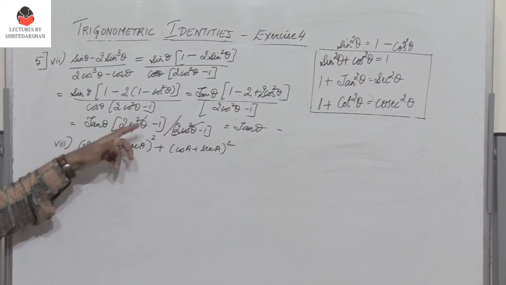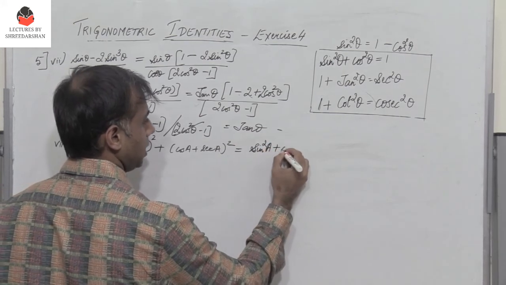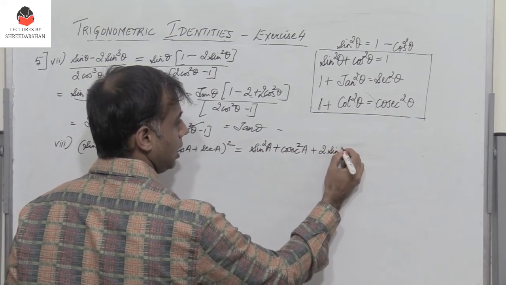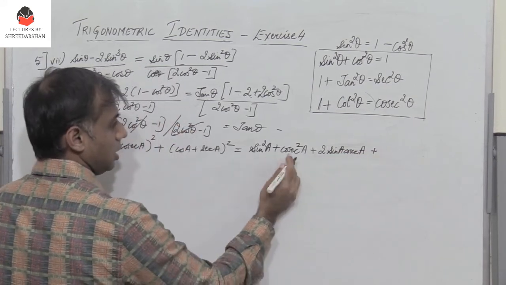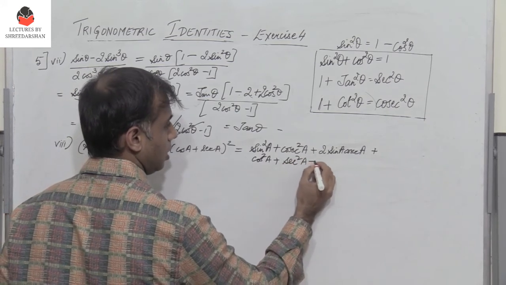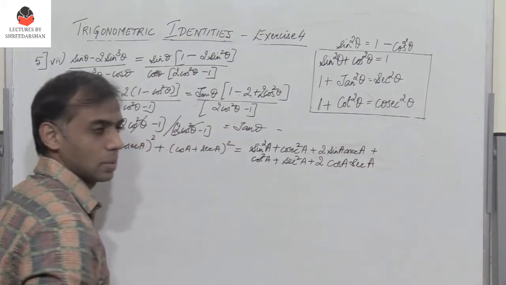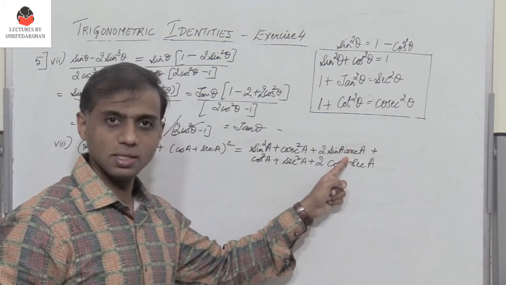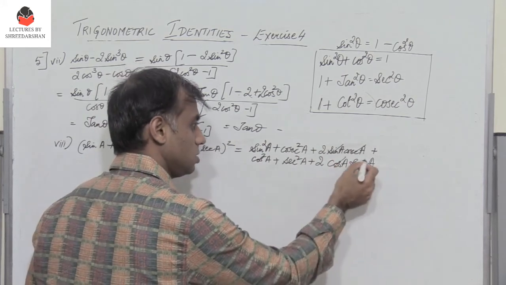So this is the form A plus B the whole square. So I have sine square A plus cosecant square A plus 2 sine A cosecant A, right, plus, I'll write it here, cos square A plus secant square A plus 2 cos A secant A. Now these two can be cancelled here, because cosecant A is nothing but 1 by sine A. So these two can be cancelled, and secant A is 1 by cos A. So these two can be cancelled.